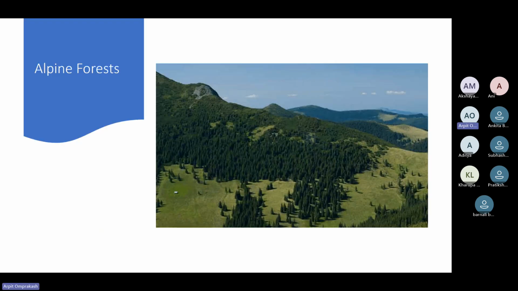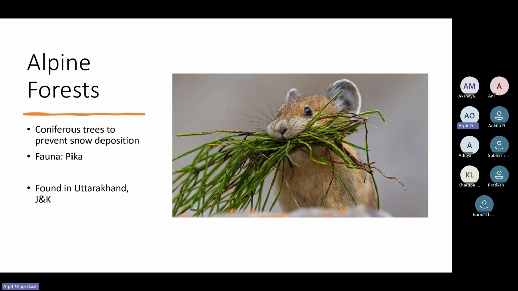Then after that, we also have alpine forests, which are basically filled with coniferous trees, and they are also found on these high mountain slopes. Here, the major difficulty that plants face is heavy snow.